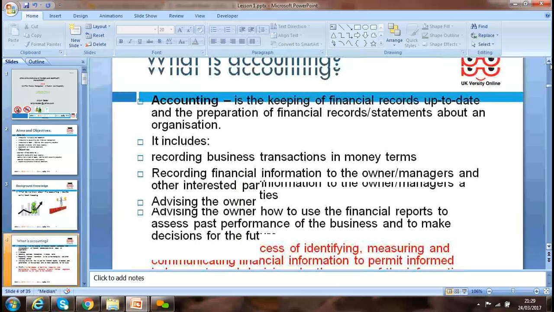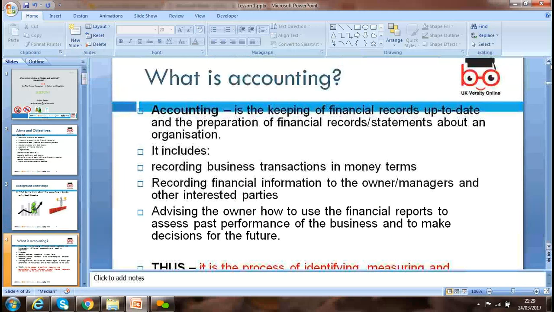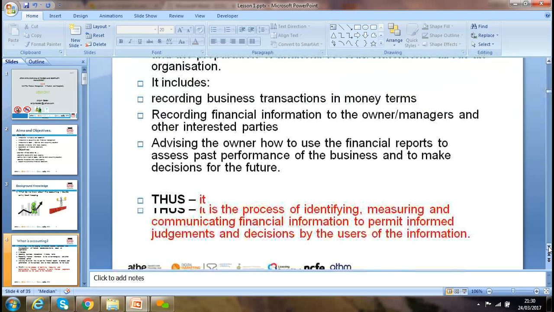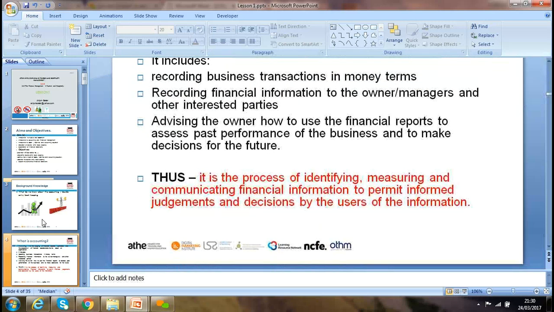First, what is accounting? Keeping records up to date and preparing financial statements about the organization, recording business transactions in money terms, and providing the financial information to the owner and interested parties. It is the process of identifying, measuring, and communicating financial information to permit informed judgment, so we can make decisions from these transactions.